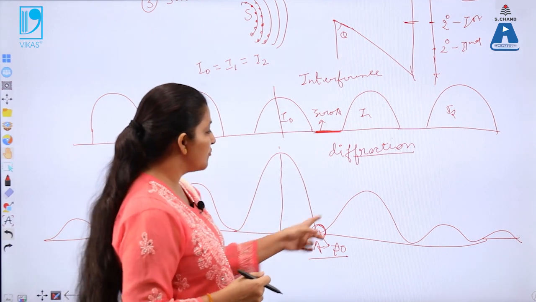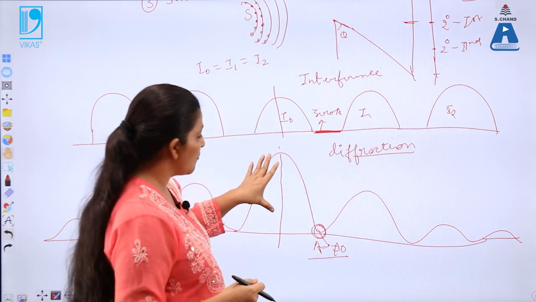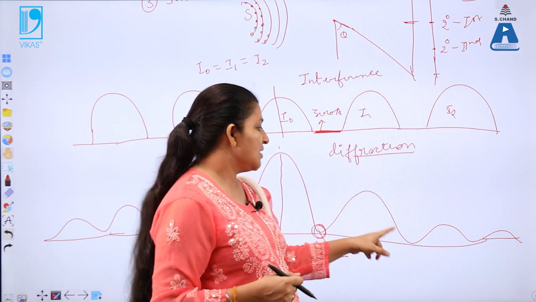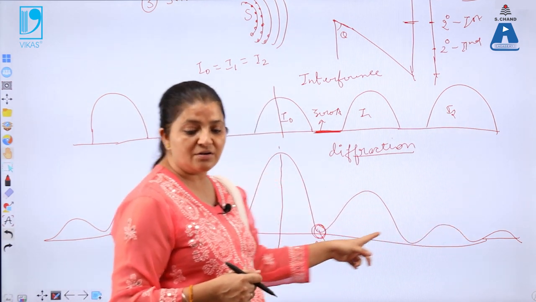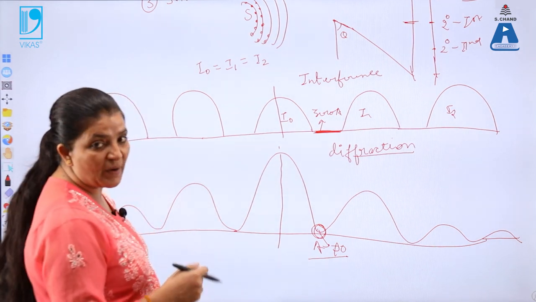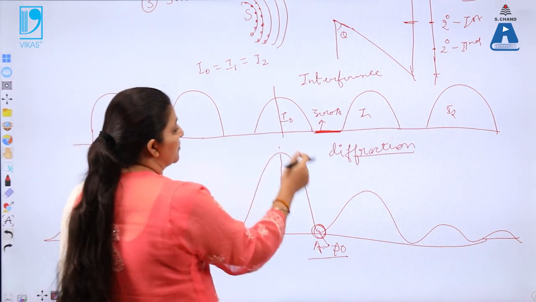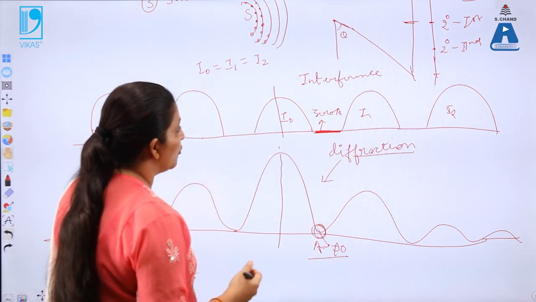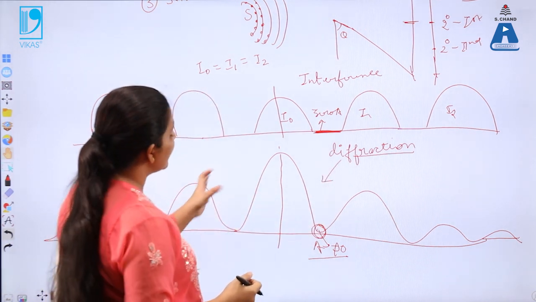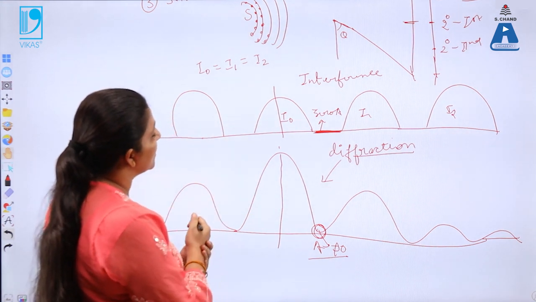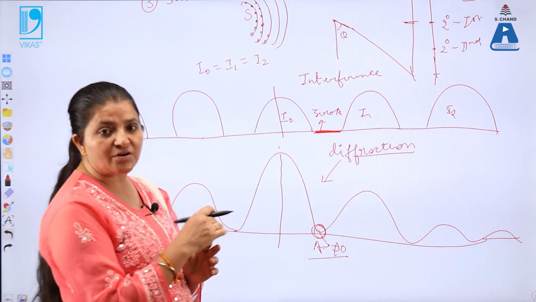Also, for the maxima, the intensity of the central maxima is maximum, and the intensity of the secondary maxima goes on decreasing on both ends. So that is the difference between the diffraction pattern and the interference pattern. Why is this so? Because in interference, we get either constructive or destructive interference.